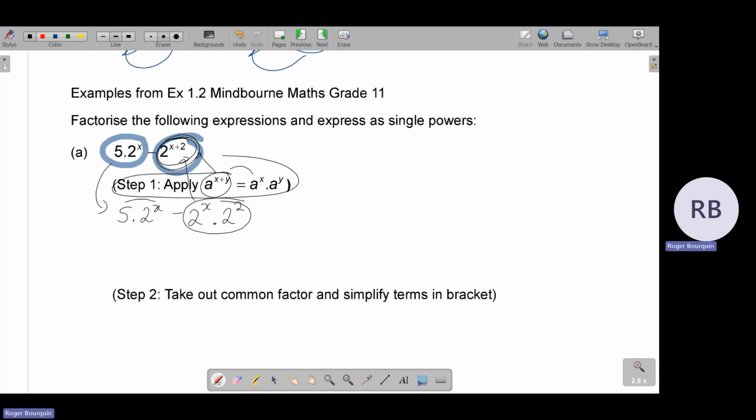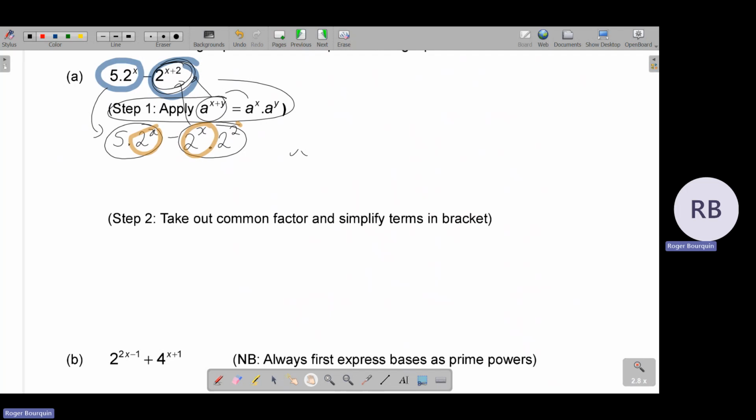Now, I have two terms in this expression. I'm trying to factorize it. So there's a common factor in this expression of 2 to the x in both cases. Normally, it's the power with a variable as an exponent that you take out. So I take out 2 to the x. So step 2 actually should go down here. That was step 1 done. Step 2 says take out the common factor.